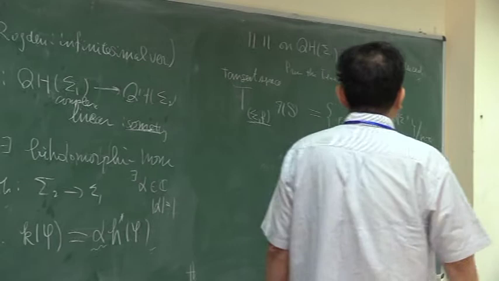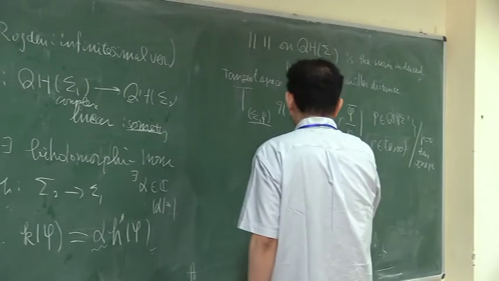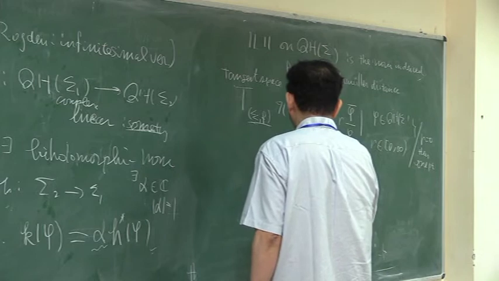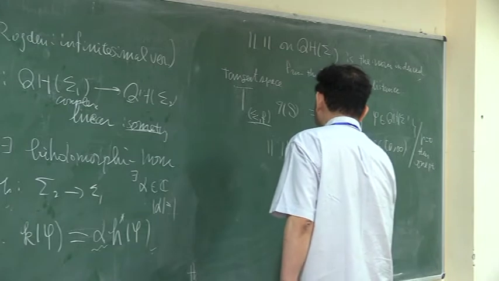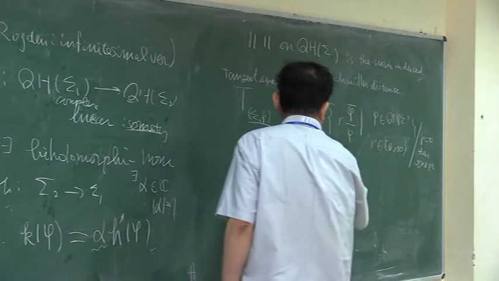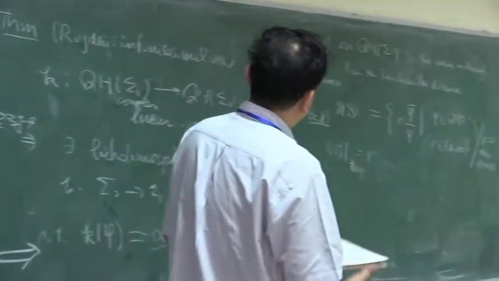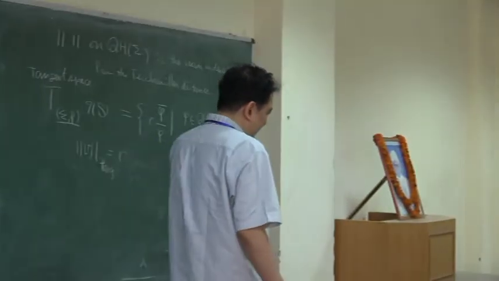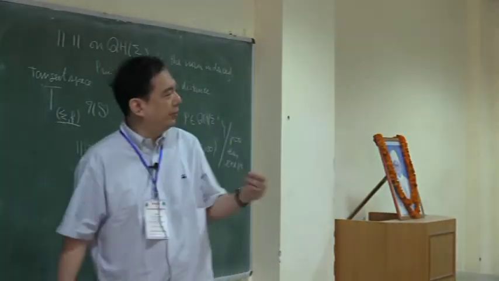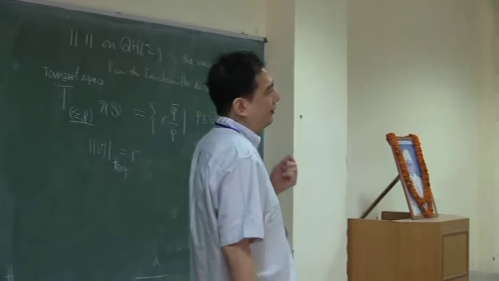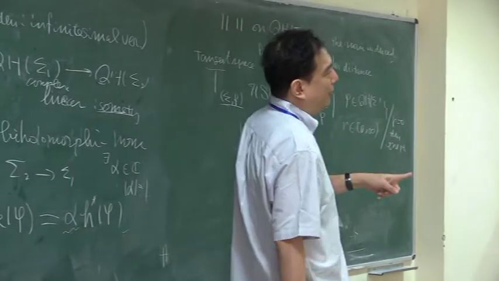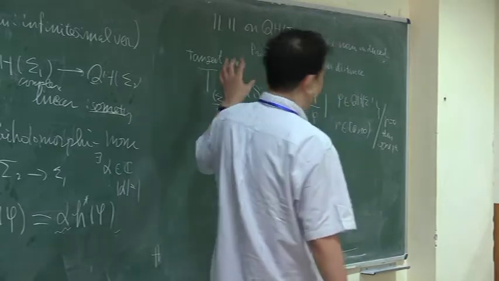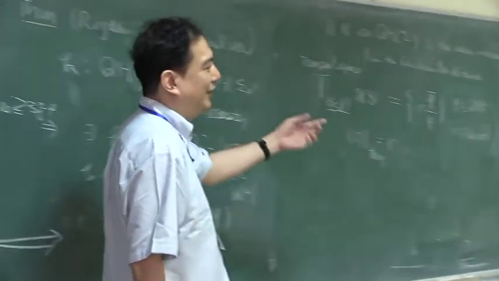So the norm on the tangent space should be this R. That's a natural thing to expect, because if something proceeds on the geodesic with unit speed, then its norm must be 1 if you consider the Finsler metric with respect to that structure.